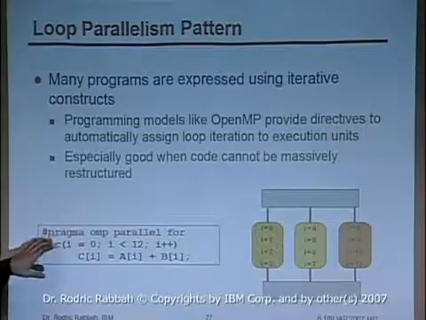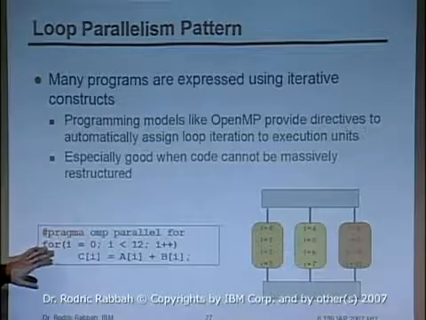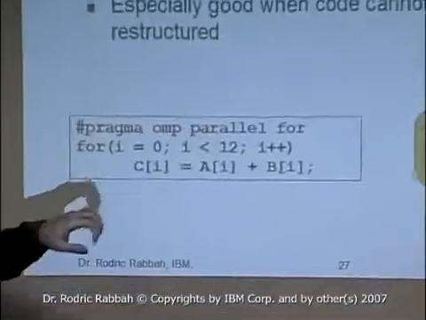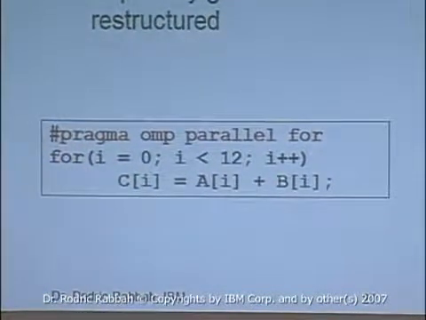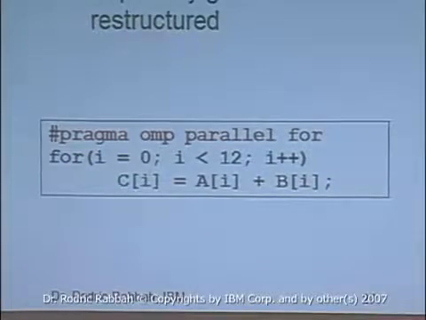We saw in the OpenMP example, you have some loop. You can insert these pragmas that say this loop is parallel, and the compiler and the runtime system can automatically partition this loop into smaller chunks, and then each chunk can compute in parallel.